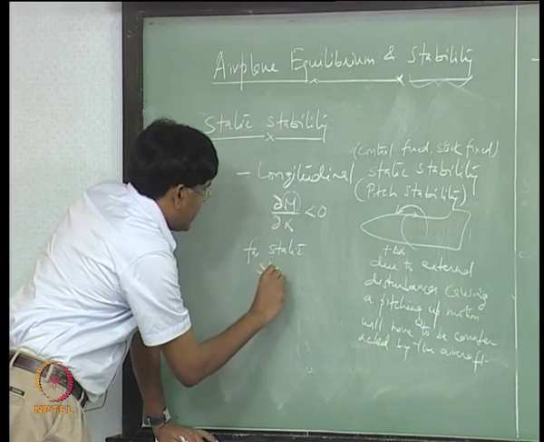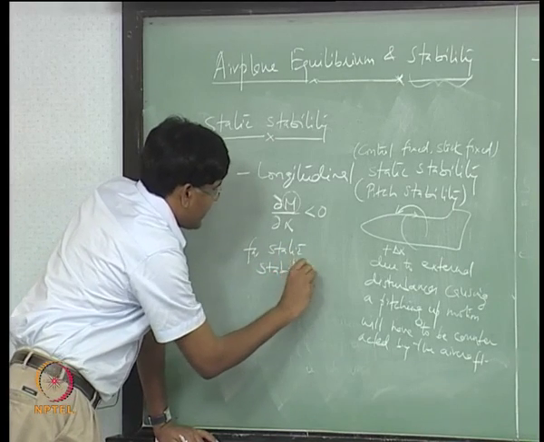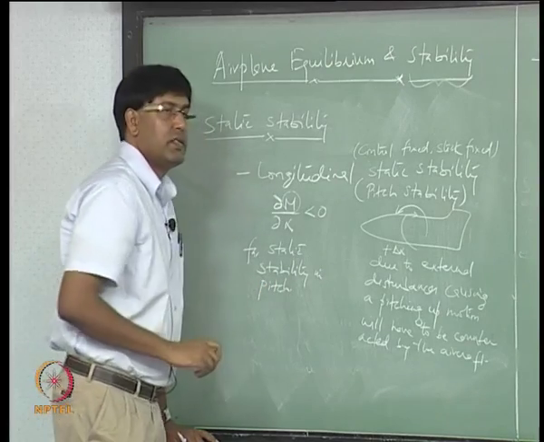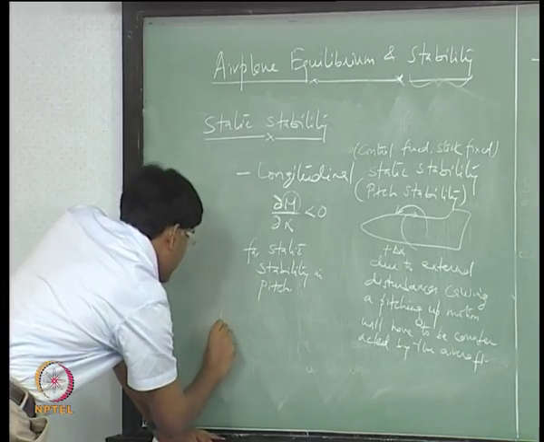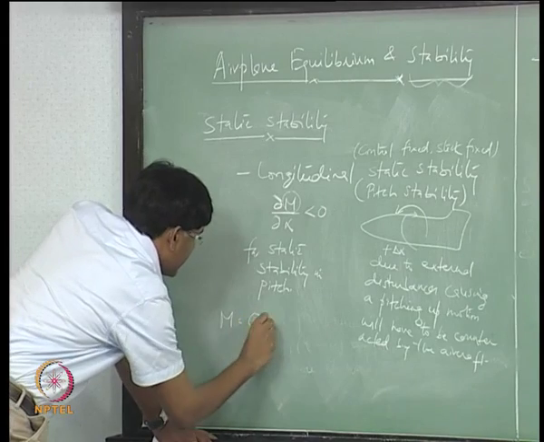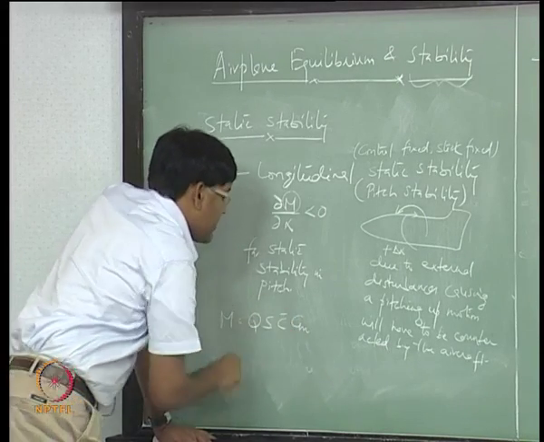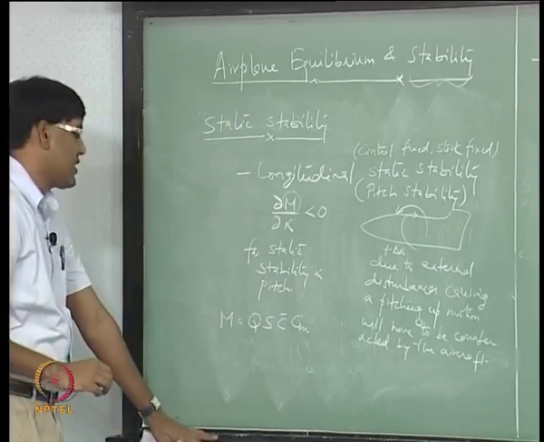static stability in pitch. M is the pitching moment. So, M is Q into S into C bar into Cm. Cm is the pitching moment coefficient.